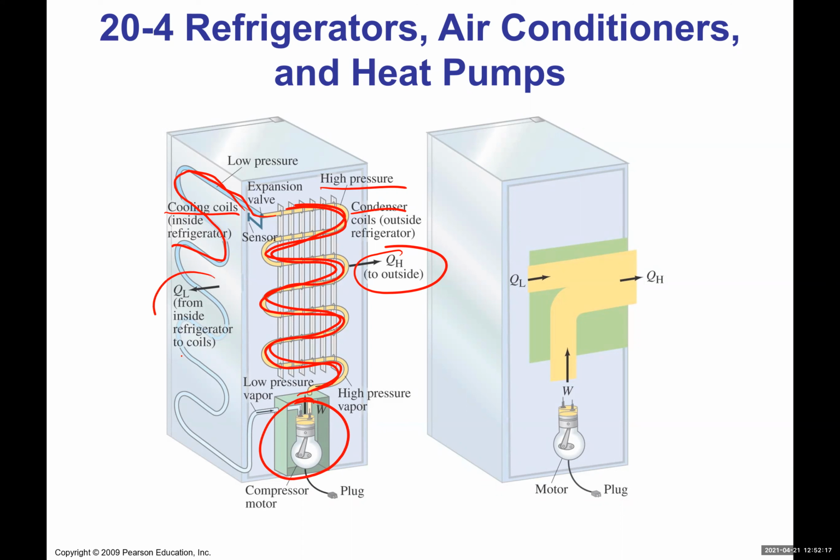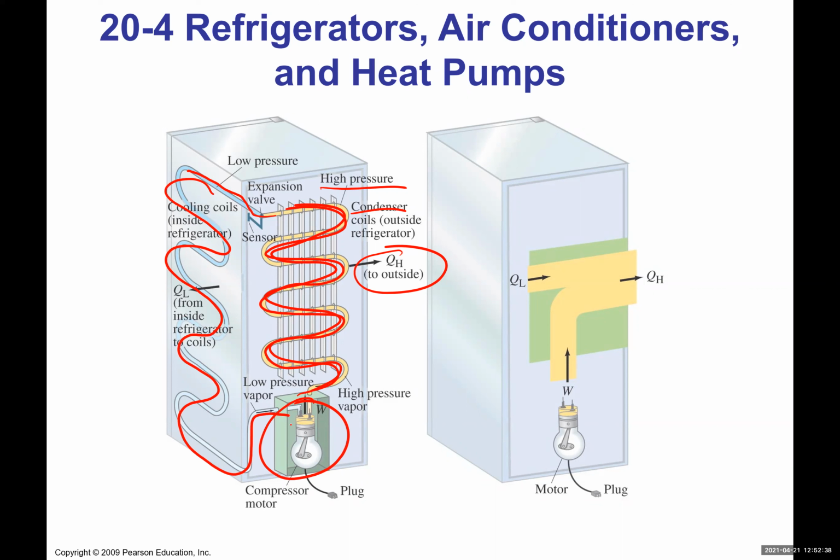That means you can see, right, QL from inside the refrigerator to coils. All the food and everything, whatever energy they contain, will naturally flow from inside the refrigerator into these coils. Then when they move through this coil, they come back to the compressor again.